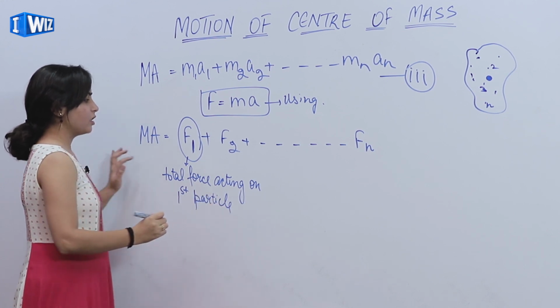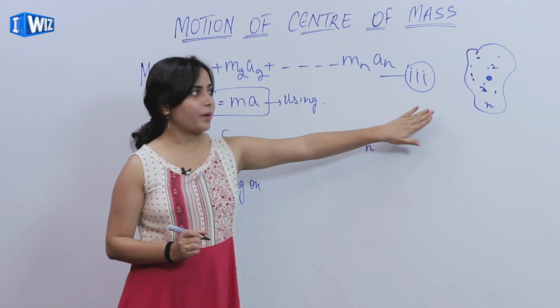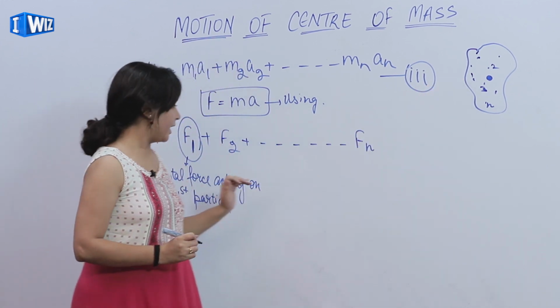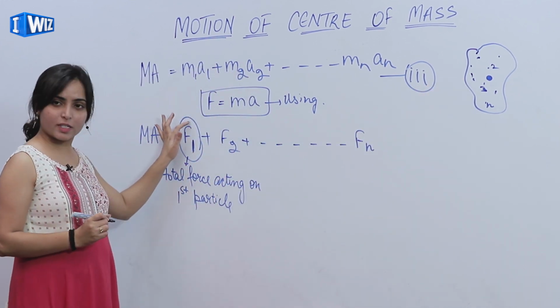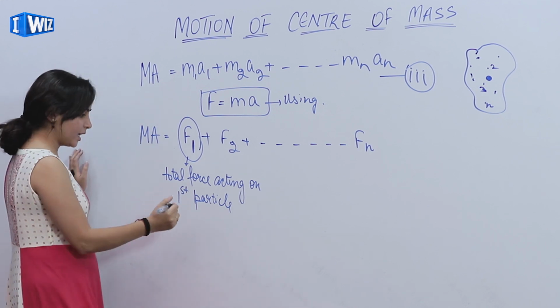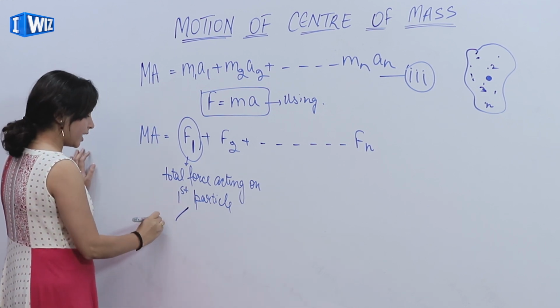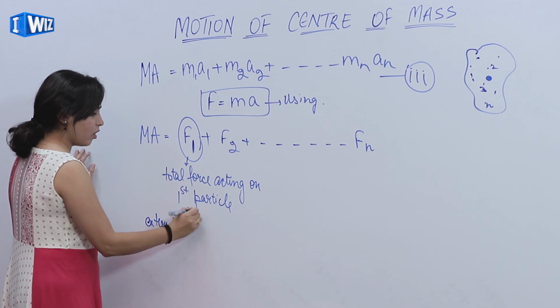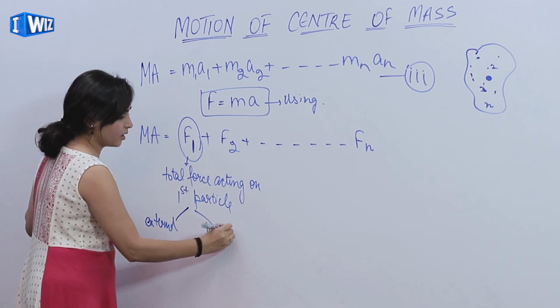That means जो मेरा rigid body में particle 1 है, F1 total force represent कर रहा है जो first particle पे act कर रही है, तो वो force external भी होगी और internal भी होगी.